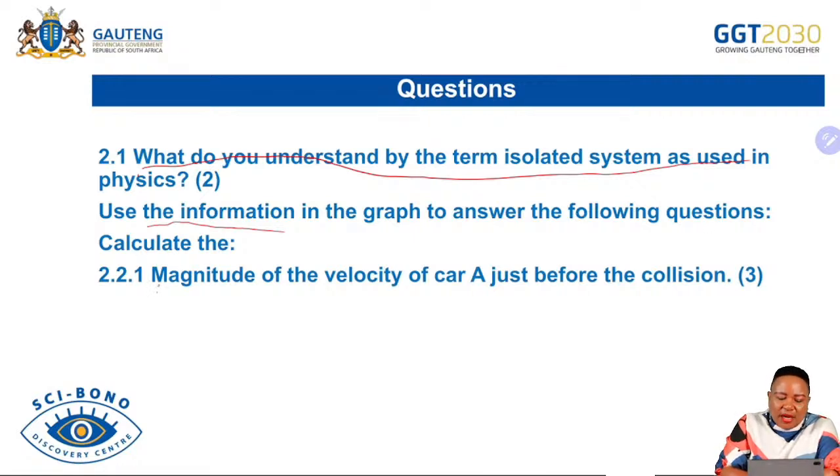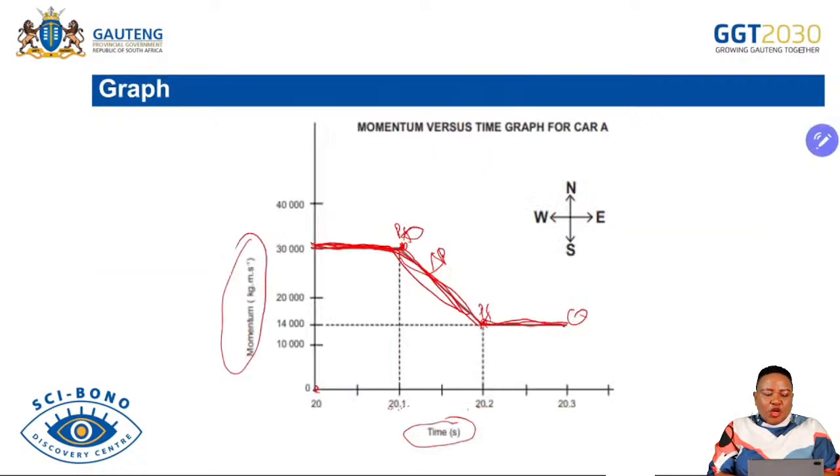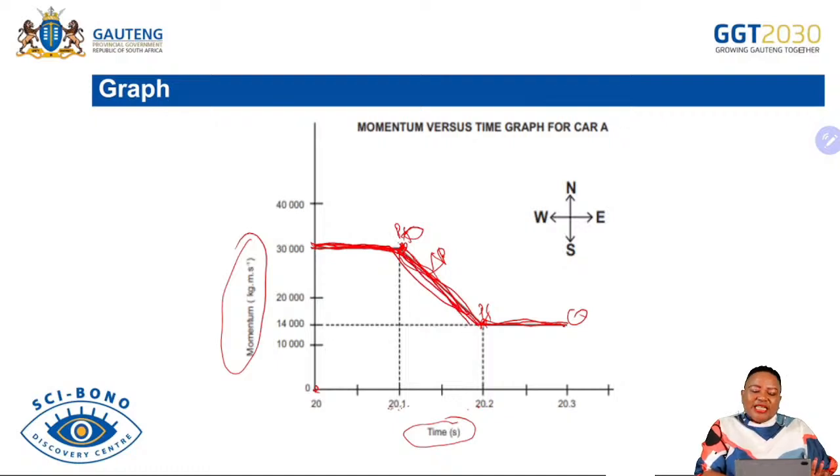Number 1, calculate the magnitude of the velocity of car A just before collision. Here everything was normal, meaning nothing was happening. But here, because there was a decrease in momentum, it means there was a change in momentum. It means that's where the collision occurred.